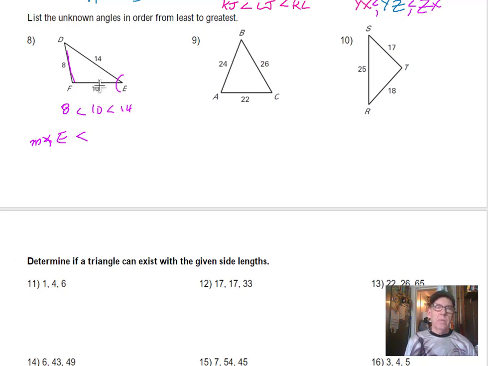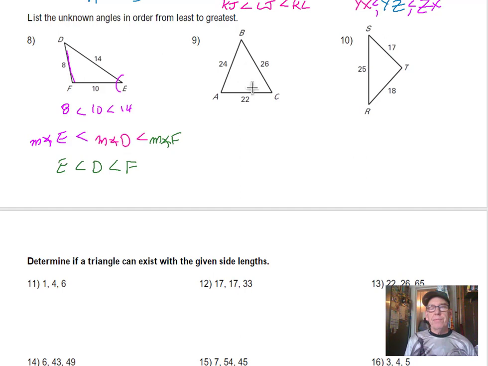Opposite that is going to be D. Measure of angle D, and that's going to be less than, and then now we're looking at the 14. 14 is opposite angle F. So we got the measure of angle E is less than the measure of angle D is less than the measure of angle F. So E less than D less than F.